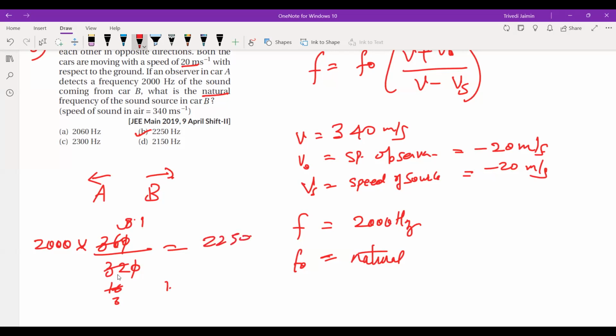Is it exact? Nine divided by 8 is 1.12. Exact value. Exactly 2250. Fine. Very good.